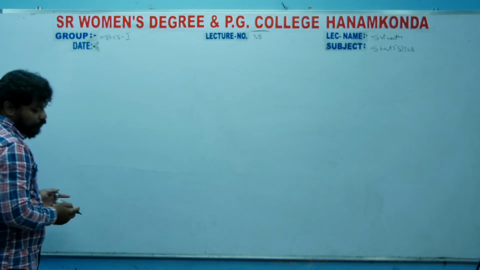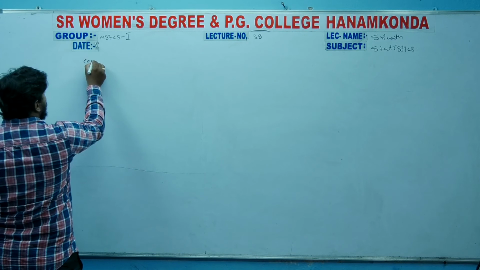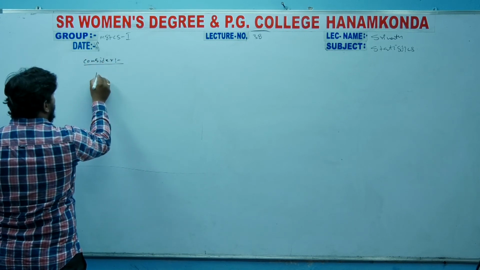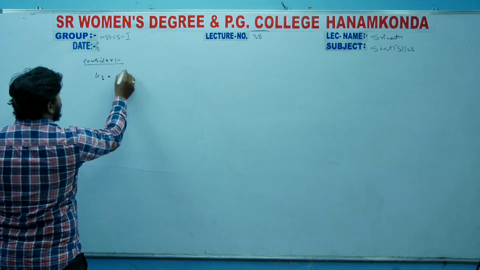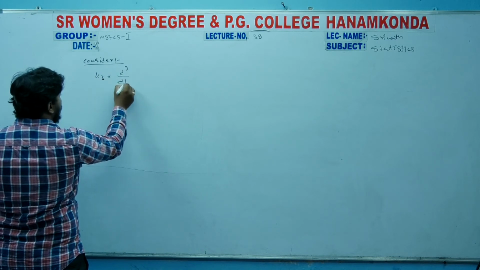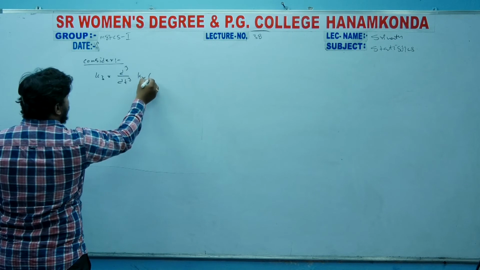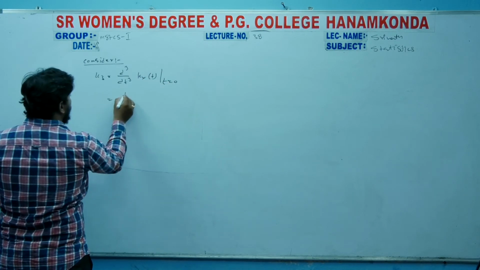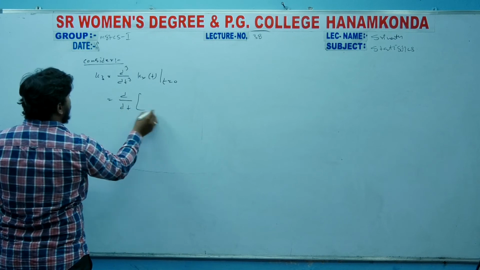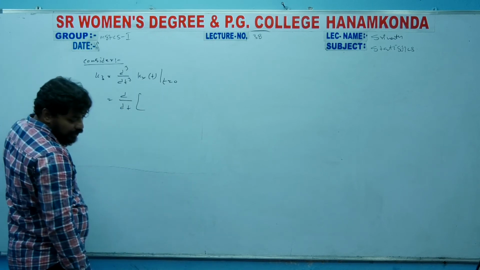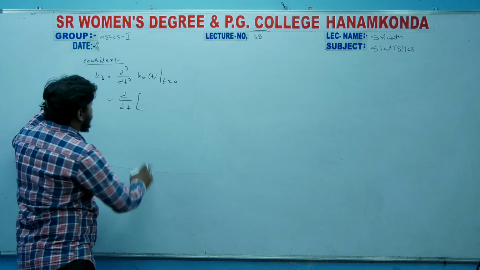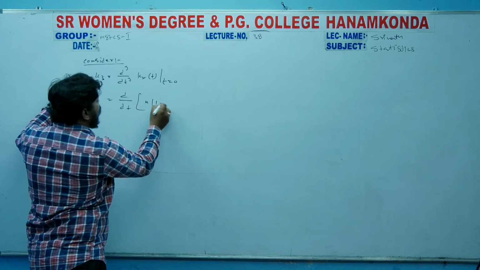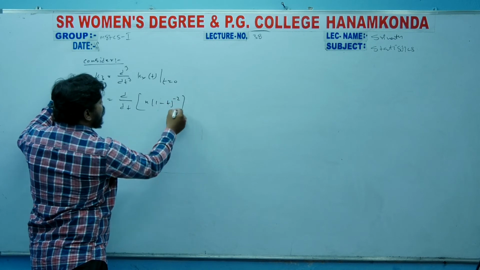And also consider k3, that means d cube by dt cube of Kx of t at t equal to 0, which is d by dt of the second derivative, n into (1 minus t) to the power minus 2.